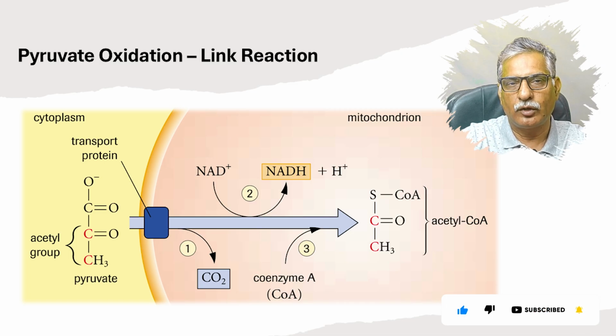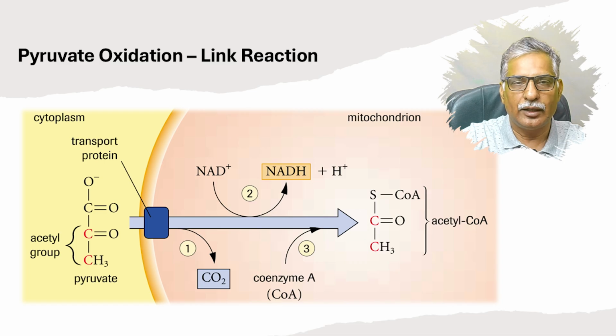For one pyruvate molecule proceeding in the link reaction, one carbon dioxide is lost, one reduced NAD is formed, and one acetyl coenzyme A is made.